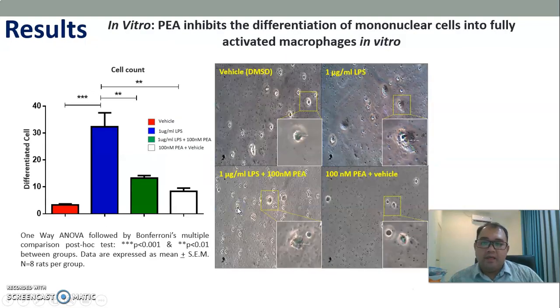And then we reconfirmed the role of macrophages in releasing the pro-inflammatory mediators, so we conducted the in vitro study. In the in vitro study, an almost similar result was shown: PEA has the ability to inhibit the differentiation of mononuclear cells into activated macrophages. If PEA is able to inhibit the differentiation, it can inhibit the production of inflammatory mediators such as cytokines and chemokines.